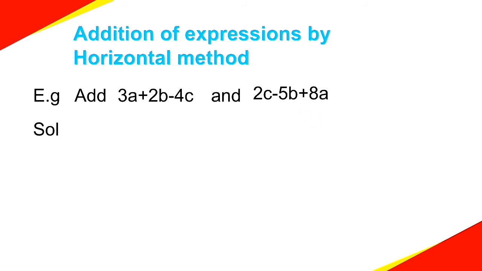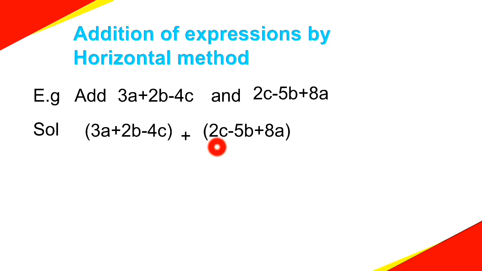Now we are going to solve. To avoid the confusion, keep the brackets. Open bracket, 3a plus 2b minus 4c, close the bracket. He said in the question, add. So that's why we are going to take a symbol, plus. Again, open bracket, 2c minus 5b plus 8a.